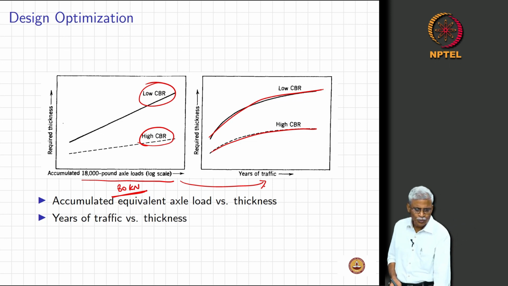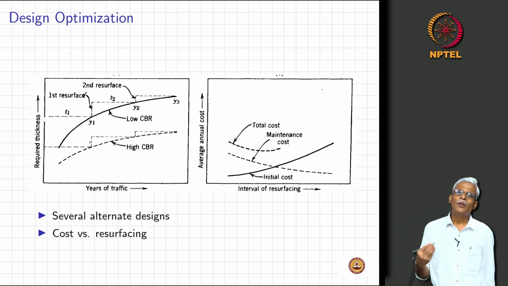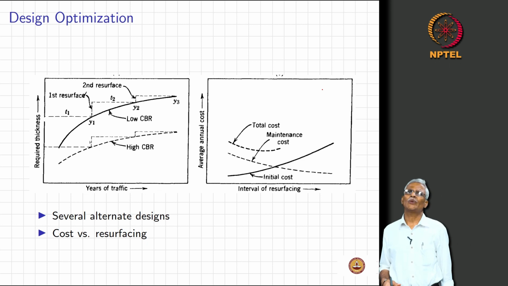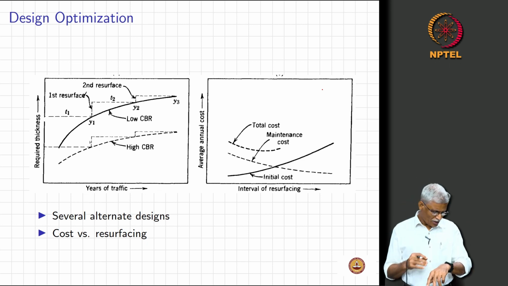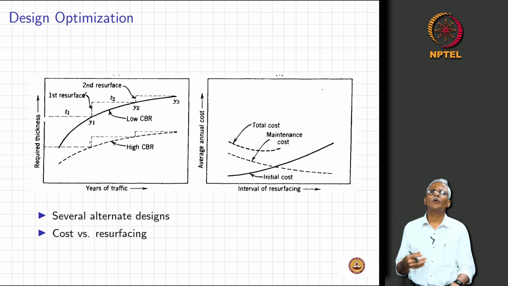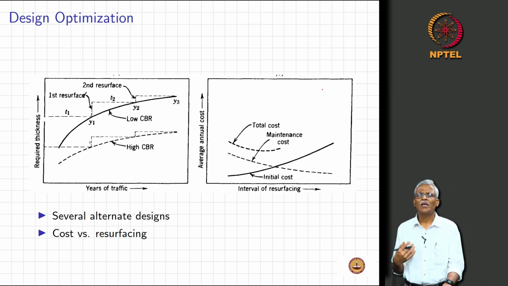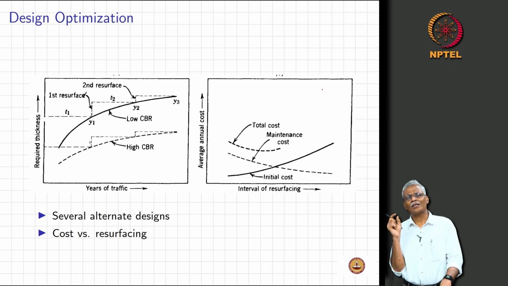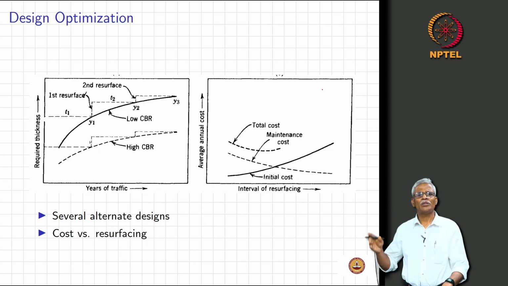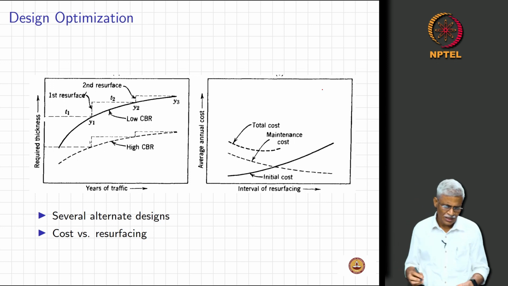Okay. So, the design optimization, you can do it in a different way. You can say, let me do a stage wise construction. What do you mean by stage wise construction? Look, anyway the pavement is going to fail, so why do not I lay only the required thickness, and every 2 years or 3 years I keep increasing the thickness.